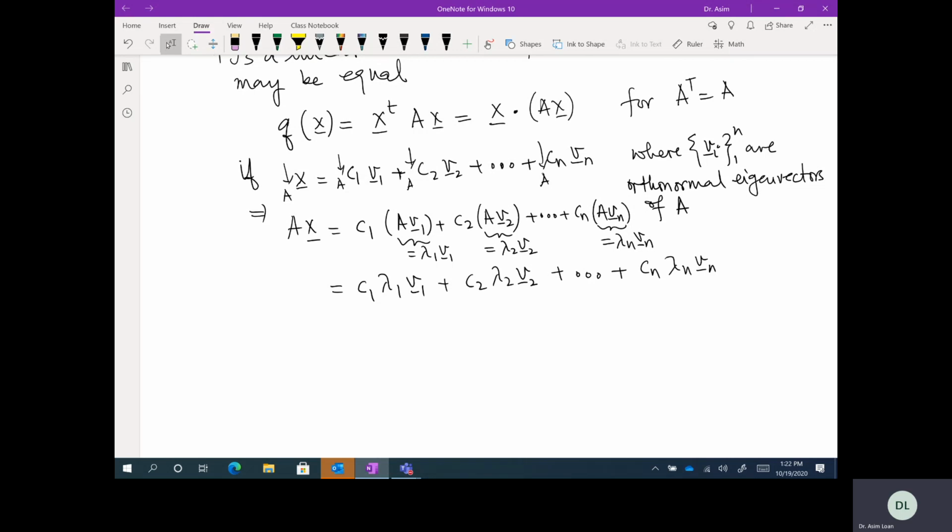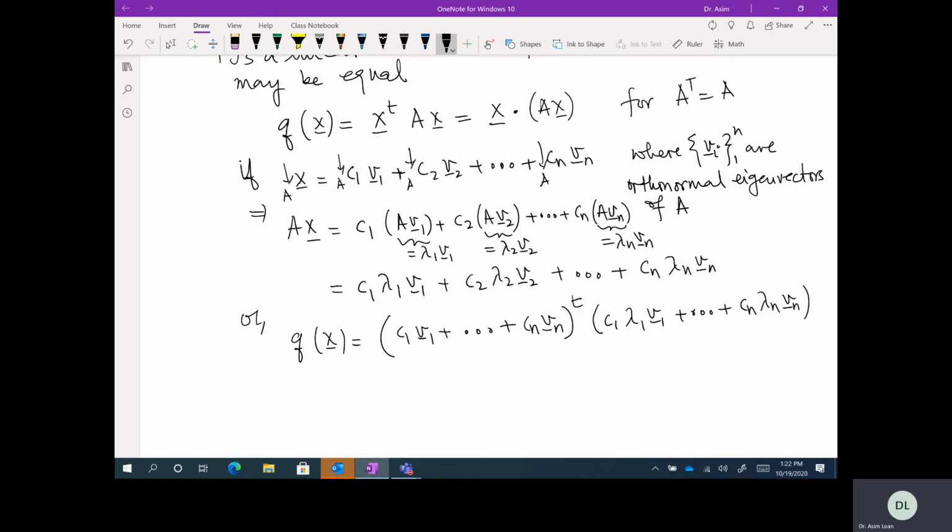And what is q of x? It is simply x transpose Ax. So x transpose is (C1 V1 plus Cn Vn) transpose, and A times x is C1 lambda 1 V1 plus Cn lambda n Vn.